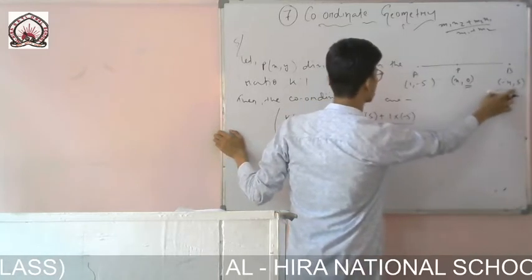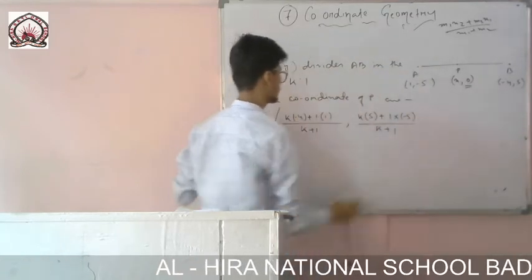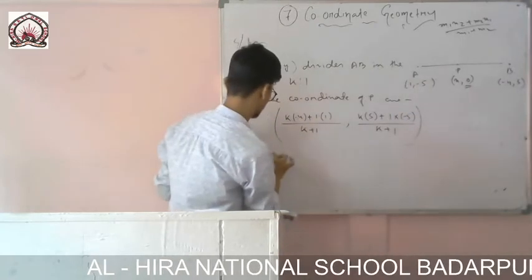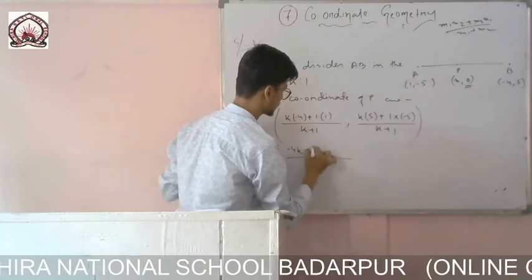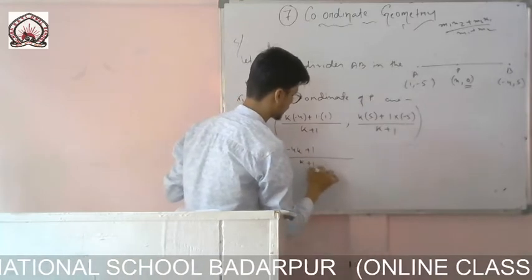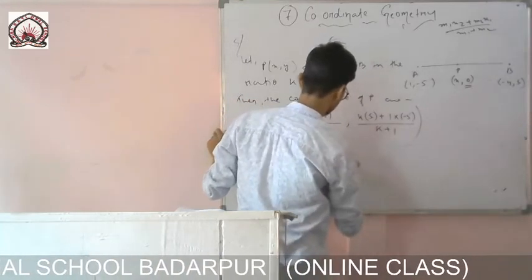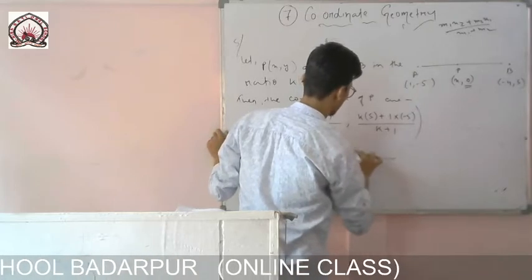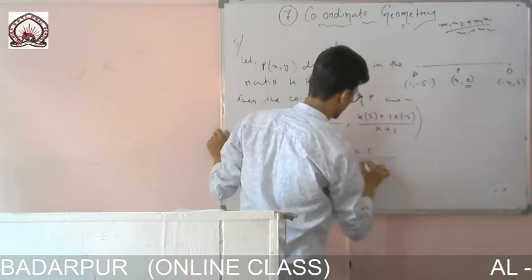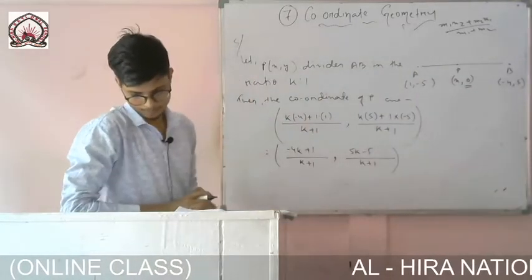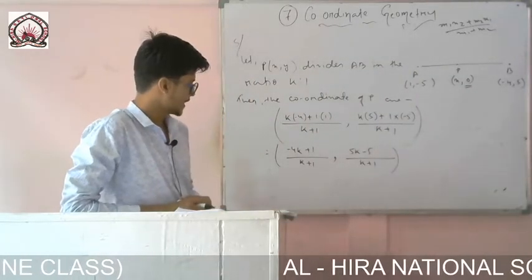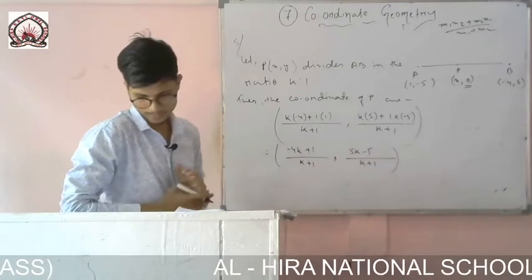So the values will be minus 4k plus 1 by k plus 1, and 5k minus 5 by k plus 1.